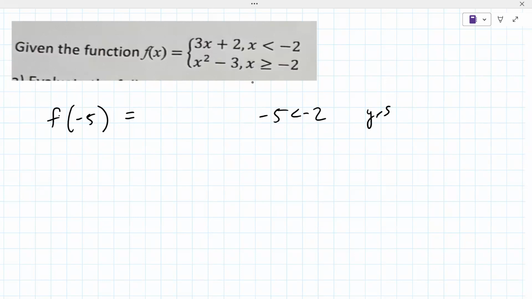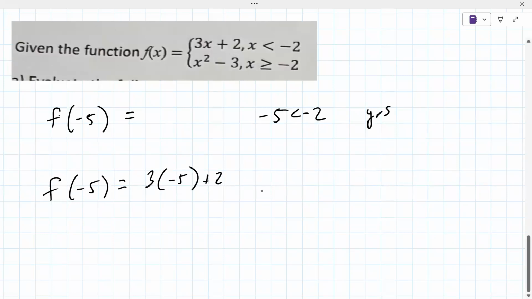-13, -5, comma -13, right? No, don't look at your friend's paper. Your friend has some mistakes on there. There's a way to present the answer, and the answer is just -13. That's it. Nothing more, nothing less.